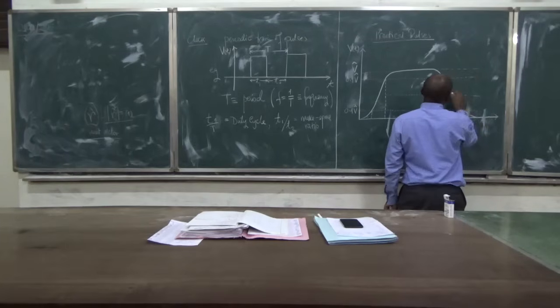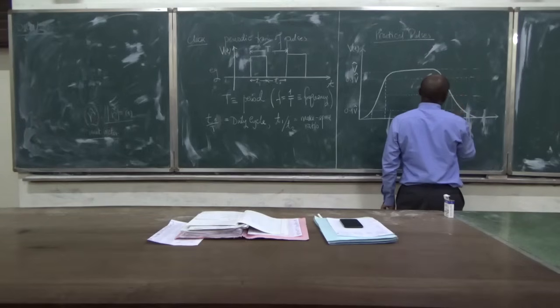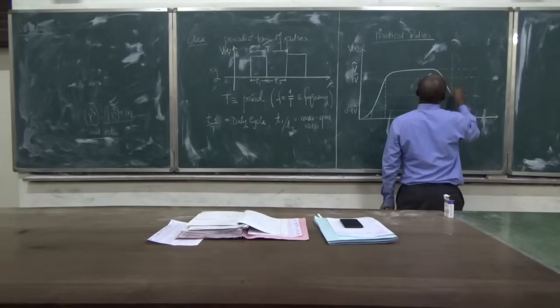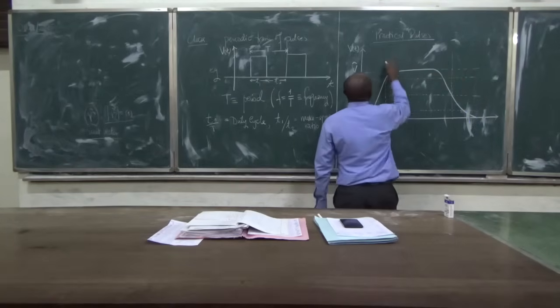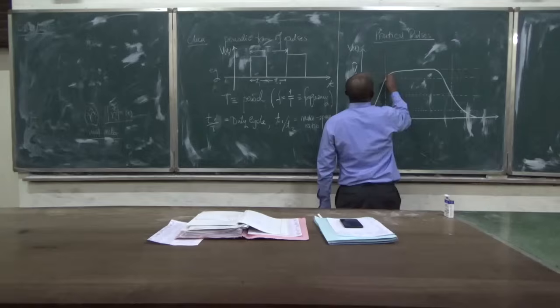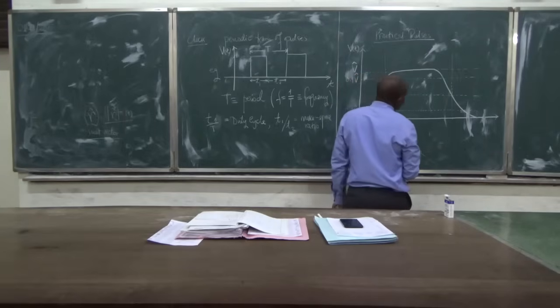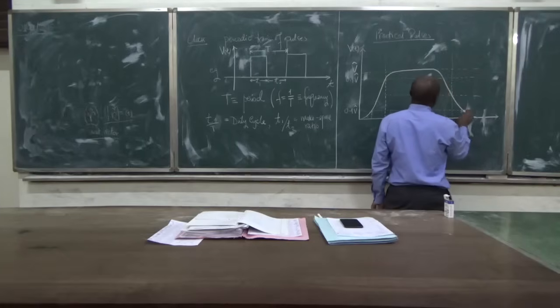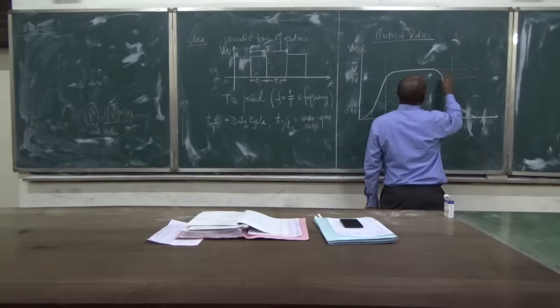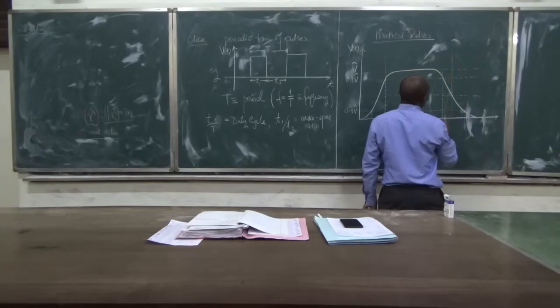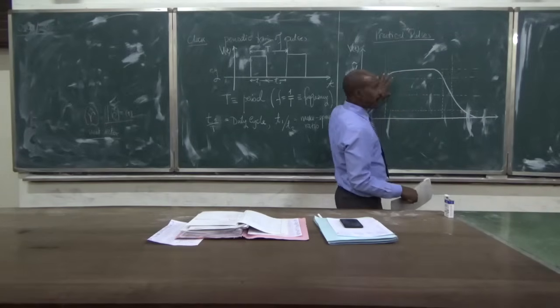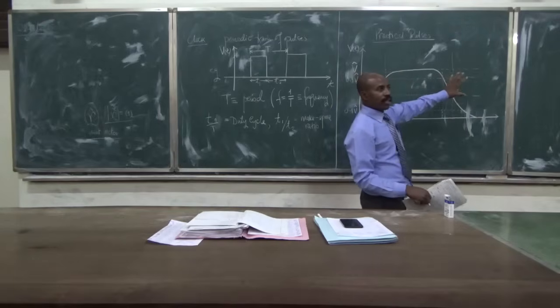So similarly, we shall have the time for 50%, and the time for the 10% and the 90%. And we shall describe them in terms of the rise and the fall.